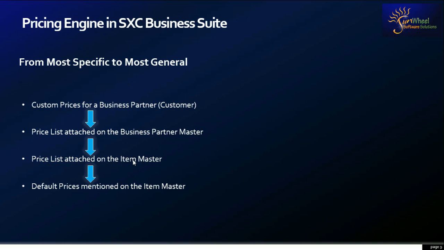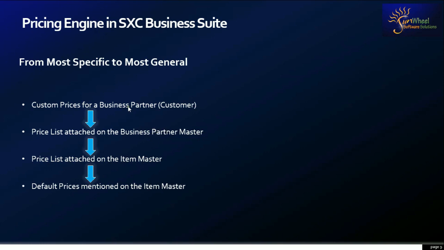Now the dealers might attract a different level of price than the retailer, and similarly you can have a different price list for each level of customer that you have in your chain. So that is the third level, which means you can have a price list specifically made for that type of business partner and attached to it.